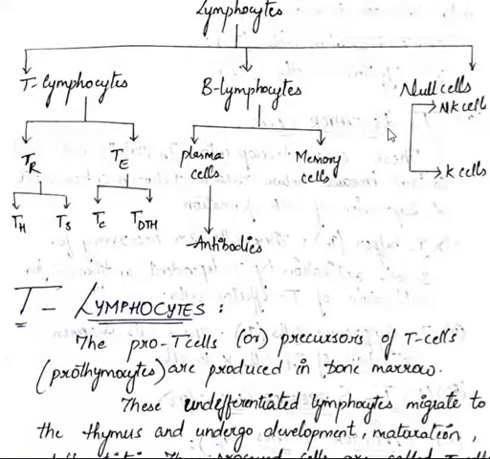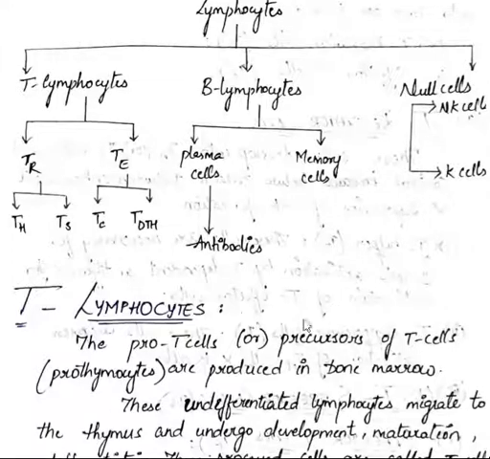And coming to the null cells, where there will be no surface markers related to T or B, those are called null cells. These are again of two types, natural killer cells and killer cells. Natural killers are independent of antibody reaction, whereas the killer cells need the help of antibodies. That's why we call them ADCC, antibody dependent cellular cytotoxicity.